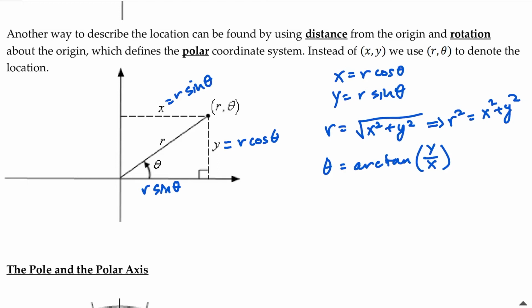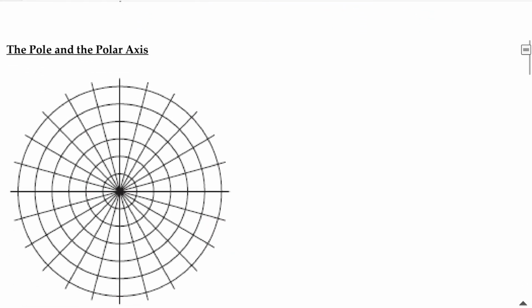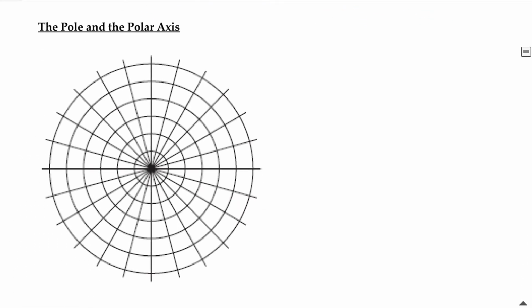All right, so for the pole and the polar axis, we also reorient our axes to represent the corresponding measurements, which are no longer the x and y axis, right? So our x-axis is what we call the polar axis. Note this is representing the x-axis, which is 0 degrees, right? So it's representing 0 degrees measured from standard position.